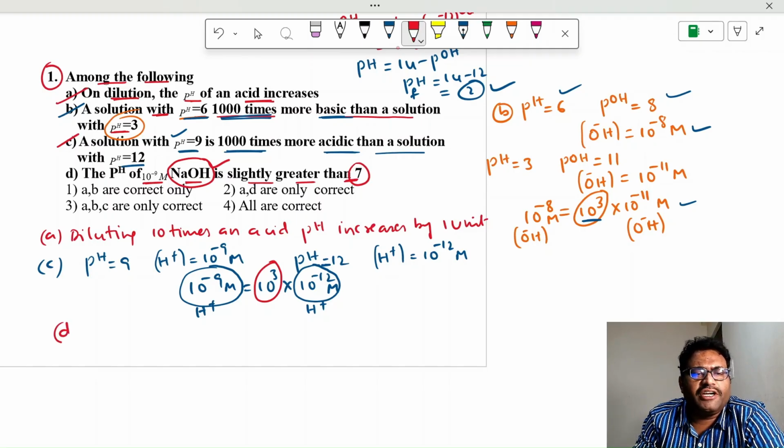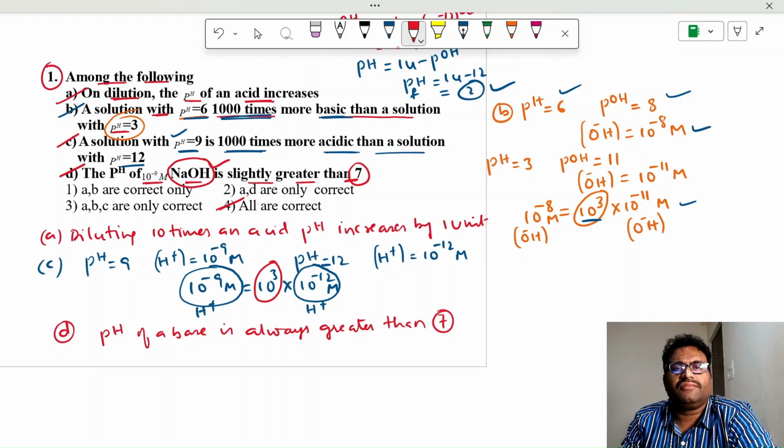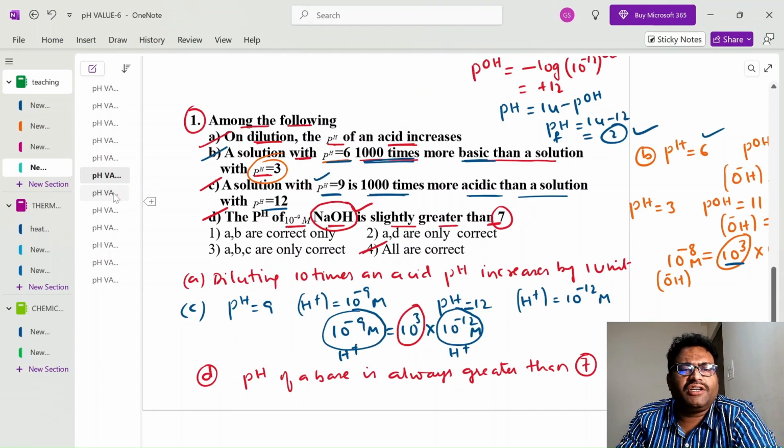So in option D, the pH of a base is always greater than what? Greater than 7. Understood? So this is also correct. So the answer will be all are correct. Understood? Right?